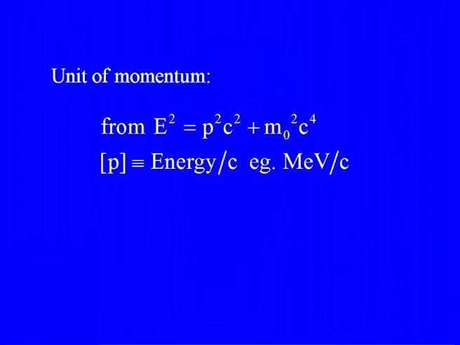Well, that's very normal, because if you just consider E squared is equal to P squared c squared plus m0 squared c to the power 4, then the momentum does turn out to be energy by c. And then you can measure it in terms of MeV by c, or let's say GeV by c if it's an ultra-relativistic momentum that you are considering.